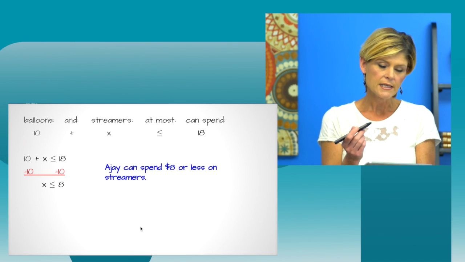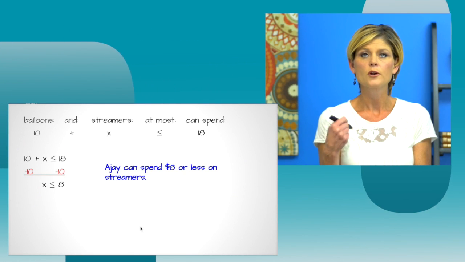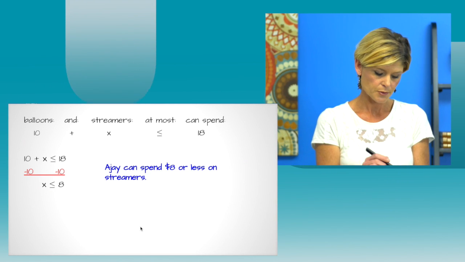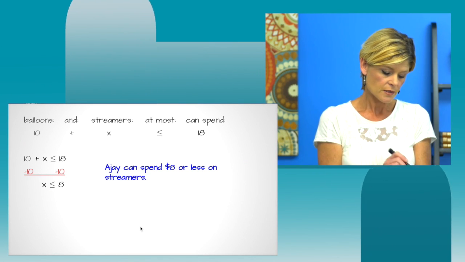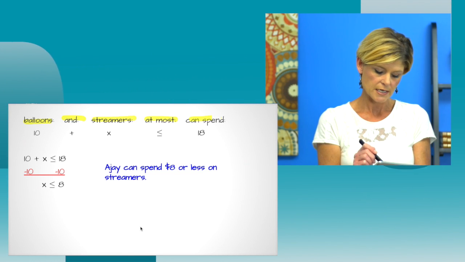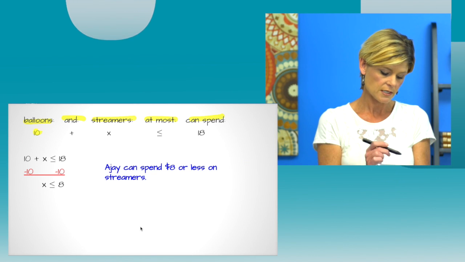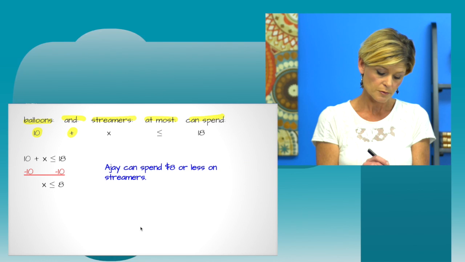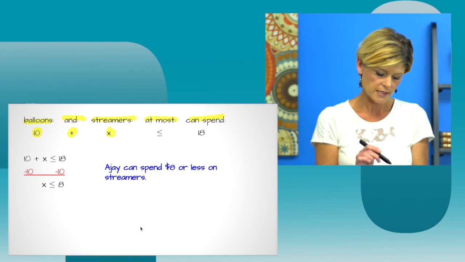Okay, so what I like to do is write out the problem in words, kind of as a math problem with words, and then plug my numbers in. The balloons and streamers, at most he can spend $18. So we know that he's spending $10 on balloons, and it tells me to add the streamers. I don't know that, that's my variable, that's x.